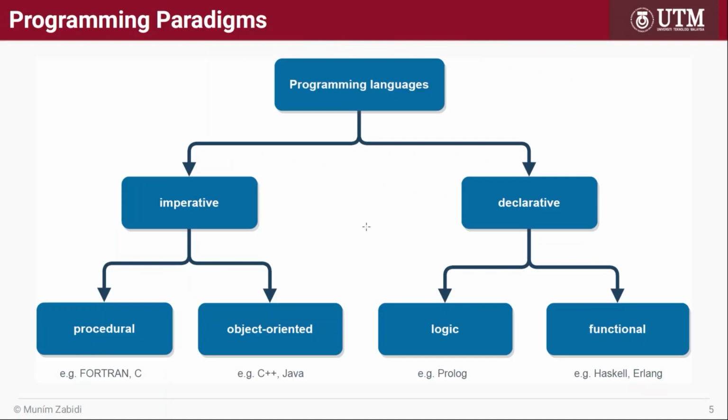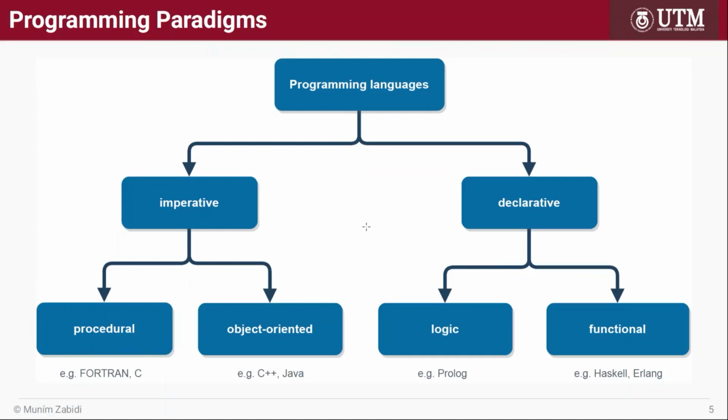And then on the other leg, we have declarative languages, where you don't tell the computer how to solve a problem, but you tell it what you want to solve. Let the computer find its own way to solve the problem. These languages are used a lot in artificial intelligence, and there are two groups there: logic and functional.